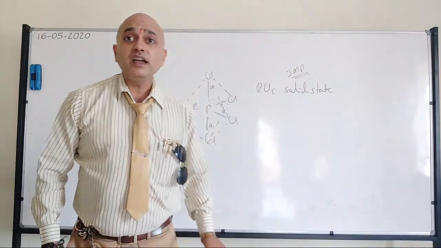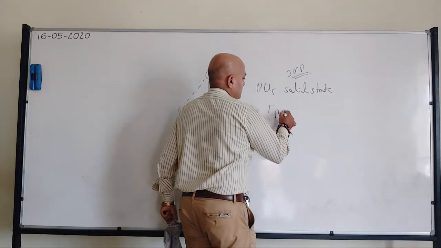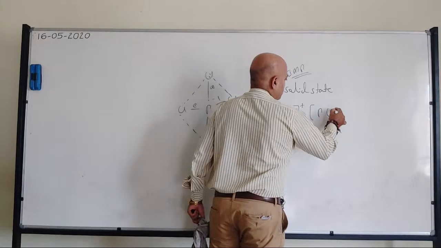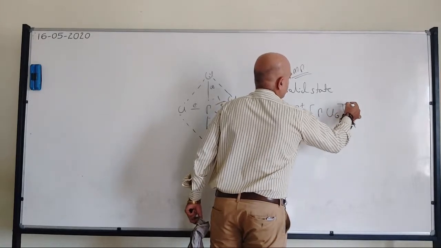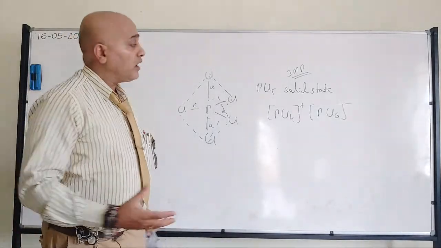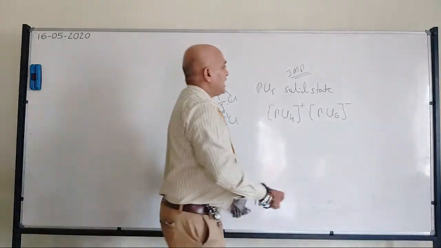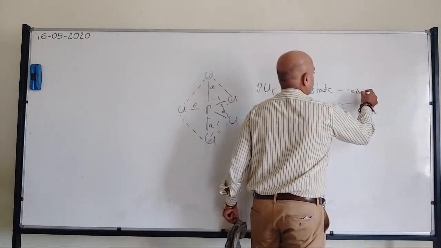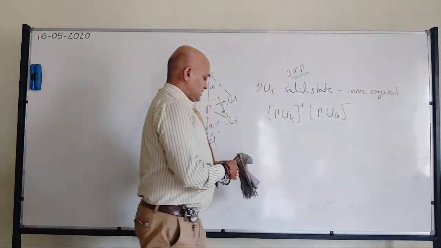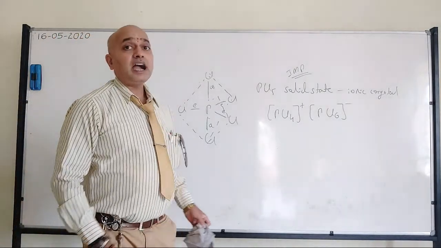It will be having PCl4 plus and PCl6 minus. So that form it will be there. It will be a complex of these two forms. Ionic compound. It will be like an ionic crystal. In solid state, please remember, only in solid state, not in any other form. Only in solid state it will be ionic form.